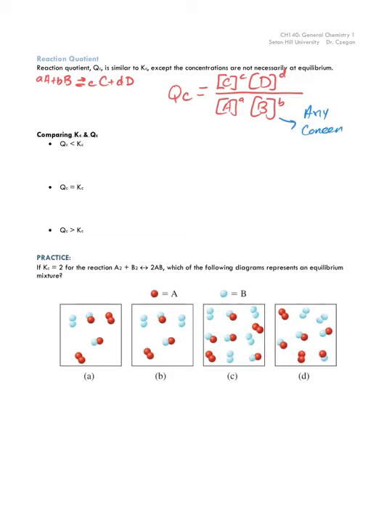So they could be your initial concentrations. They could be concentrations that exist right after a reaction starts happening, but before it's reached equilibrium. Okay, so Qc and Kc mathematically are set up the same way. The difference is that these can be any concentrations, not necessarily equilibrium.